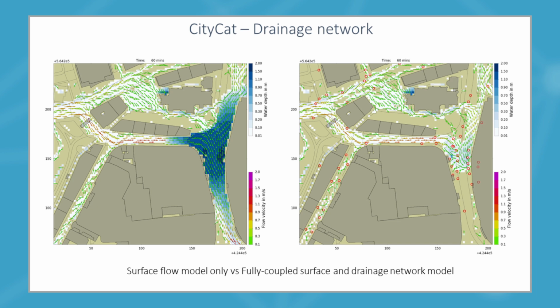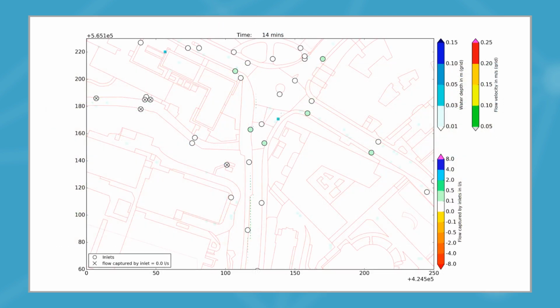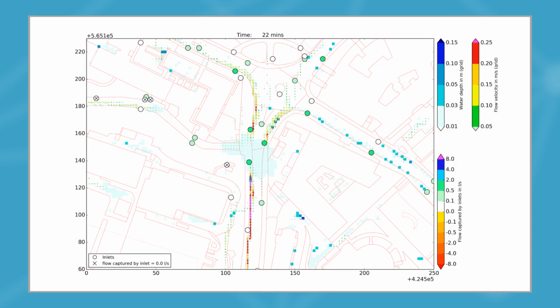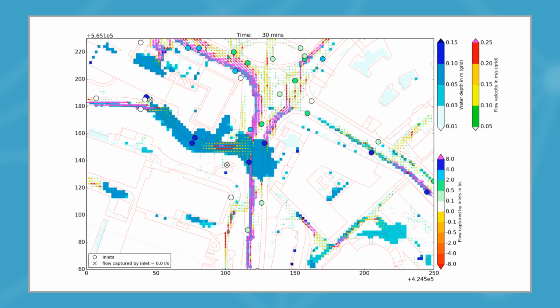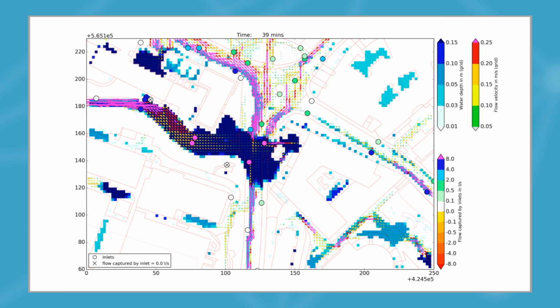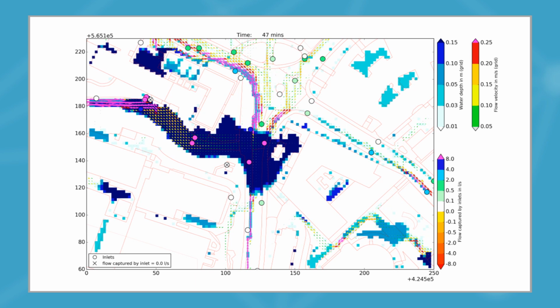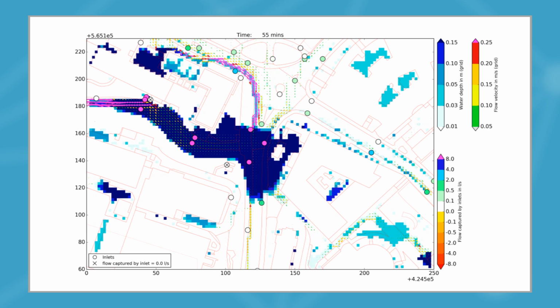But there are lots of drain inlets in that area, and a very big underground pipe, like the diameter I think is 2 meters. And here, if it works, we could see that basically the water depths and velocity vectors, plus the amount of water that is captured by the inlets.